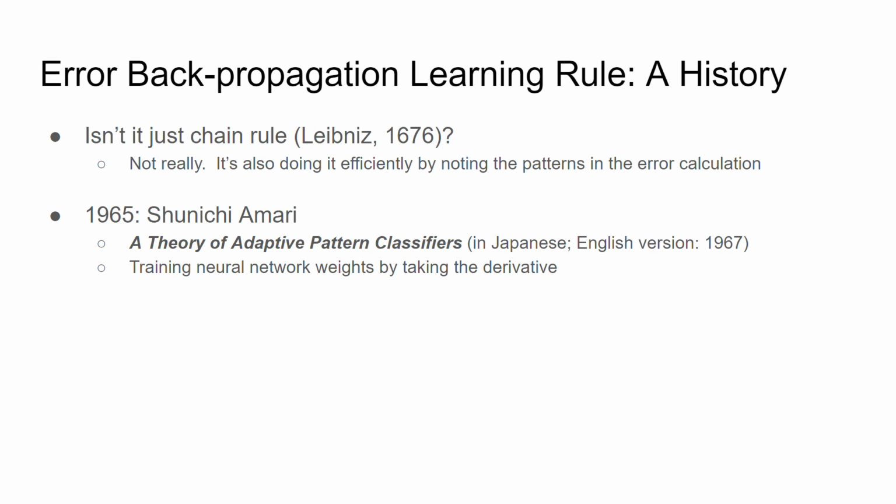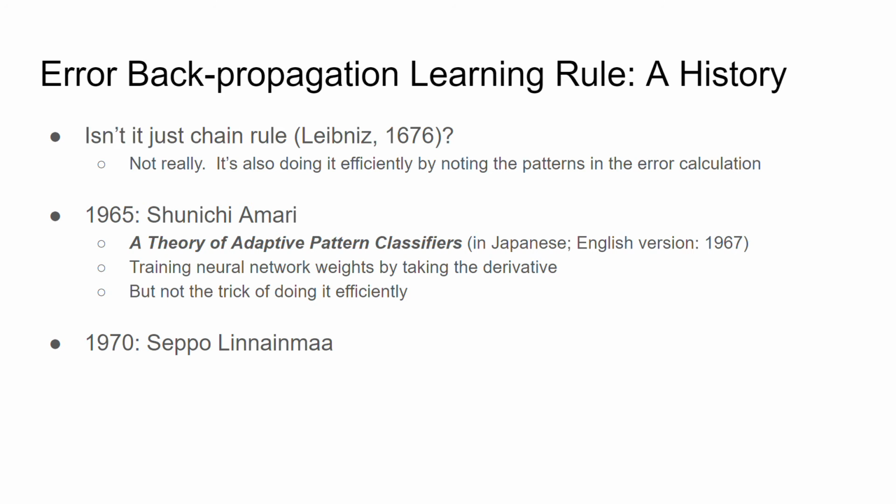They're training neural network weights by taking the derivative. The problem is they're not noticing this efficient shortcut that makes it a general purpose backpropagation of error. So it's generally considered not to be where it was invented. They're not doing it efficiently.